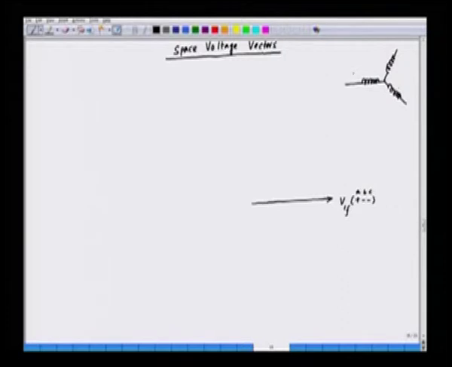So, this is phase A, and this could be phase B, this could be phase C. So, when we apply plus, minus, minus, so basically phase A is applied with plus VDC by 2, and phase B is applied with minus VDC by 2, and phase C is applied with minus VDC by 2, plus, minus, minus. So, this will be creating a vector which is equivalent to a vector in this direction.